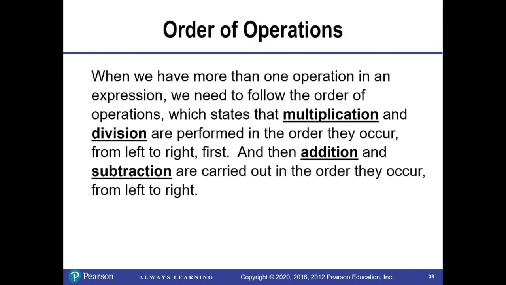That brings us to our order of operations. So when we have more than one operation, we need a certain order to be sure we get the exact answer. Now, a couple of things: multiplication and division are paired together and they're performed in order from left to right. After multiplication and division is addition and subtraction. Again, they're paired together and carried out in the order that they occur from left to right.